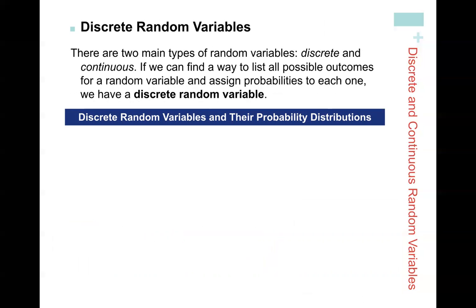Discrete values you can count, because it's a particular value, particular value, particular value. Whereas with continuous, there's a whole range or interval of values, and it contains every value between those two values. If you think about the continuous values between 0 and 1, how many are there?